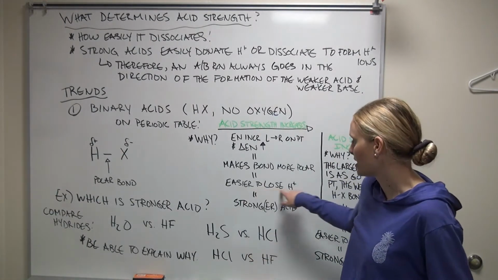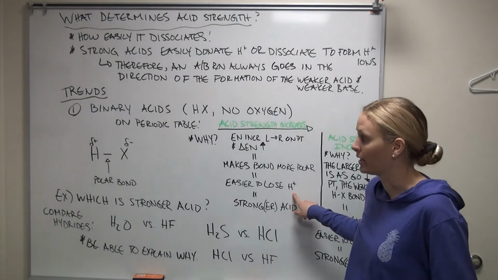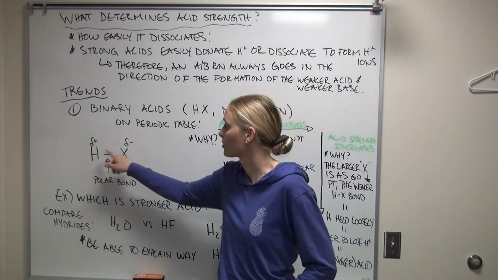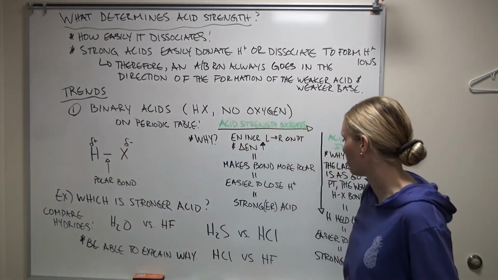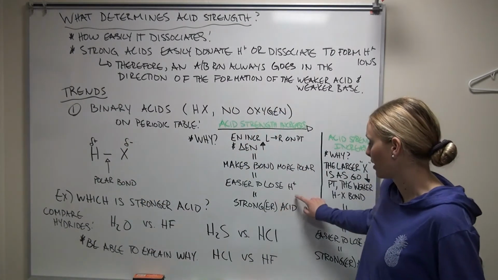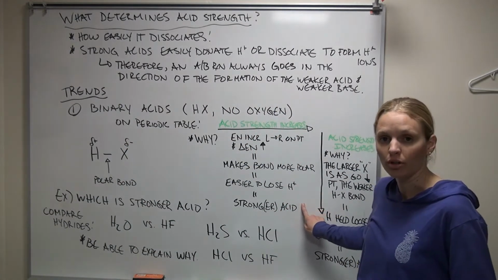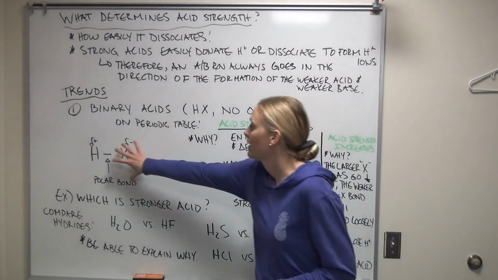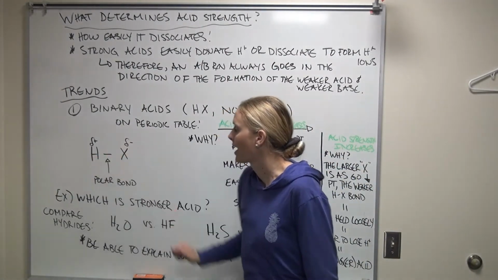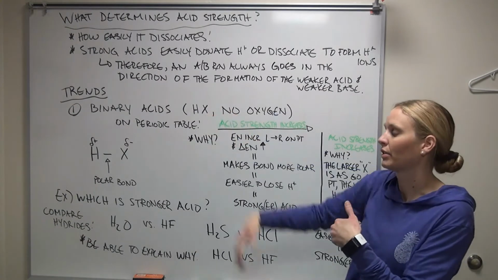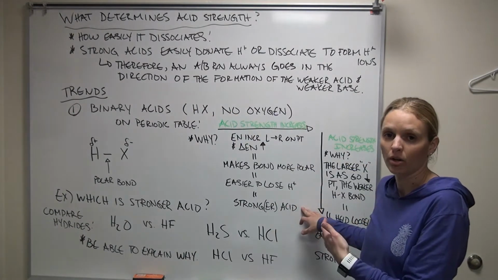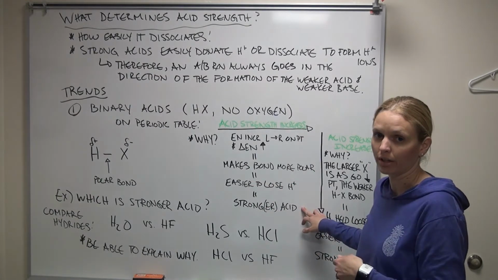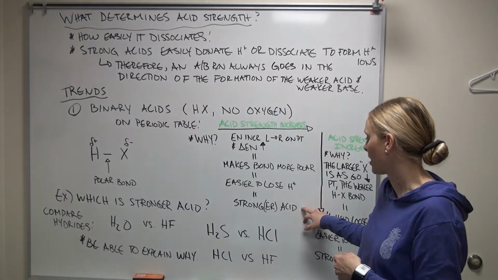So it's easier to lose that proton. It doesn't really care if it loses it or not because it has the electron density over here to help make it stable. That alludes to it being stronger because strong acids dissociate. Whenever this atom is more electronegative, it doesn't really care if it loses it or not because it's more stable, and that's what strong acids do. They can easily get rid of that and donate that proton.